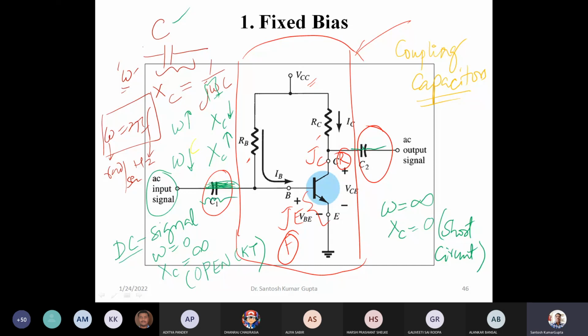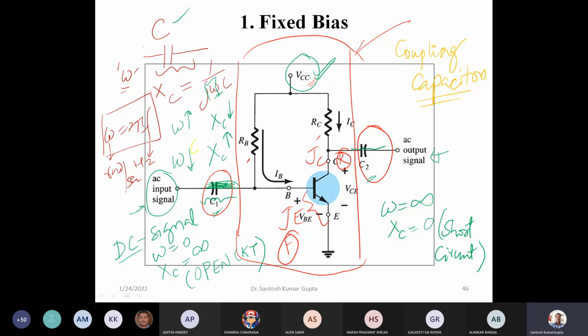So the other advantage of capacitors C1 and C2 being used is that the effect of this VCC, which one is using over here to apply some biasing voltage across the emitter junction and collector junction, does not interfere with the DC values of the AC input signal or the output signal, because they are being blocked here.